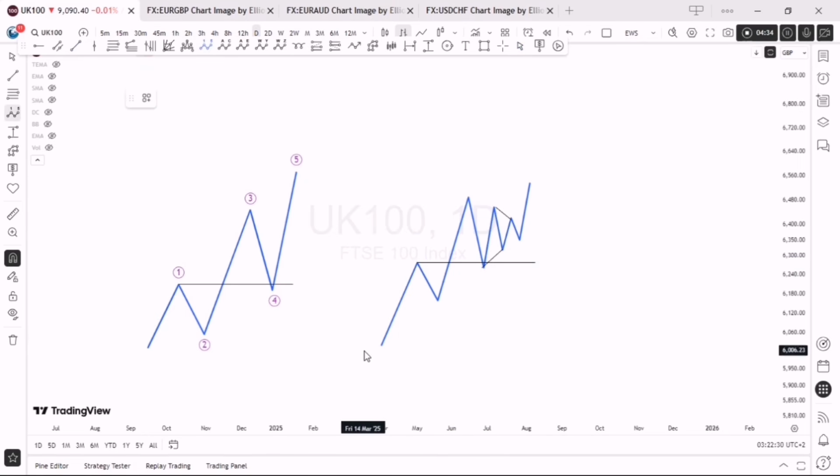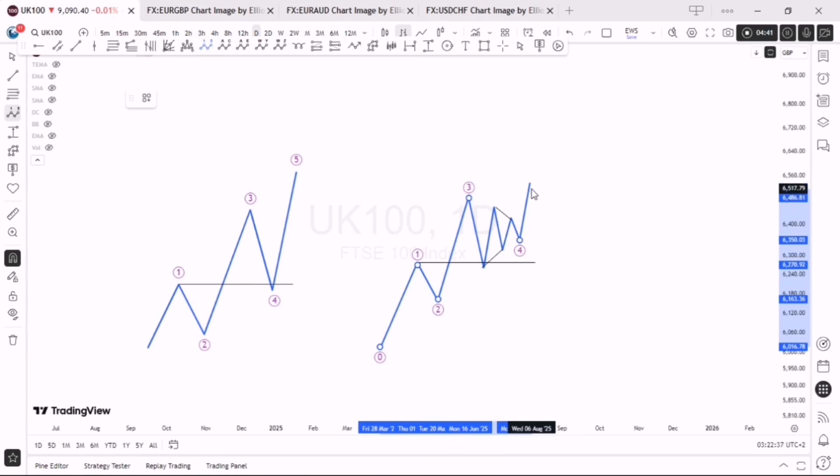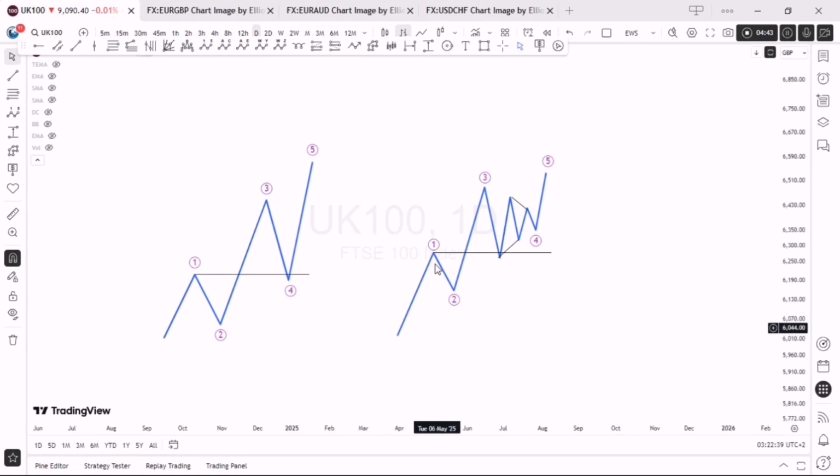Let me do the labels for you: 1, 2, and then 3, then A of a triangle, B, C, D, E. That's wave 4. So you can see the final subwave, which is wave E, is outside this price territory of wave 1. So in this case, the wave count is acceptable because the rules are not really broken.